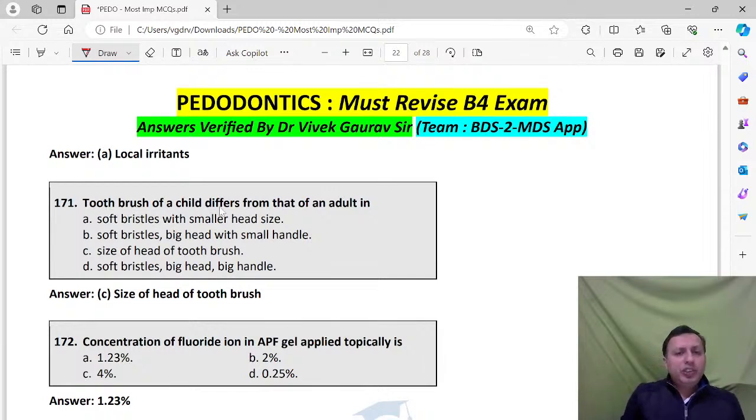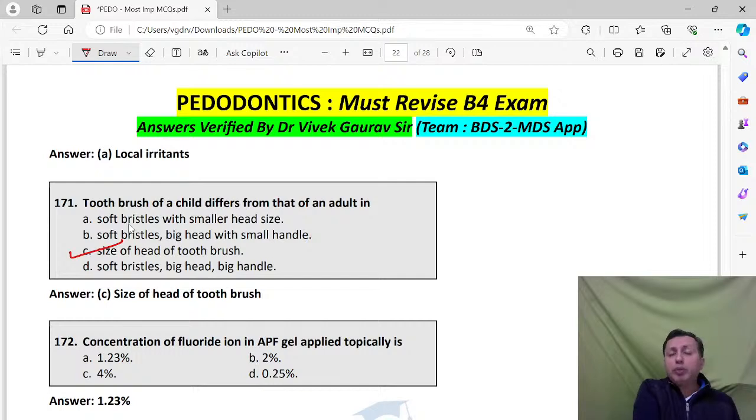Now, the toothbrush of a child differs from that of an adult in: soft bristles with smaller head size, soft bristles, big head with small handle, size of the head of the toothbrush, or soft bristles, head, big handle. It always differs because of the size of the head of the toothbrush.